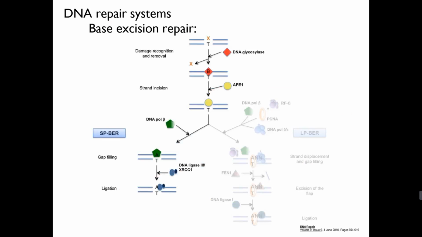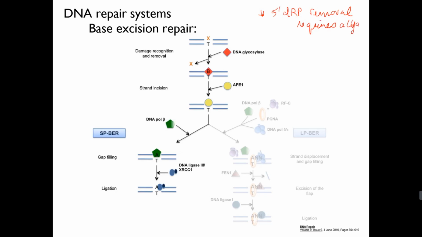We'll finish BER off by taking you through the last bit of the pathway. So we've talked about the glycosylase removing the base, cleavage 5' by AP endonuclease, and then of course I noted at the point where we have this 5' deoxyribose phosphate that we need to get rid of, and the 5' DRP removal requires a lyase. Okay, so the key thing is that 5' DRP removal requires a lyase.